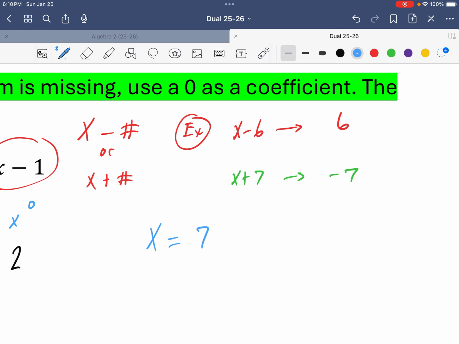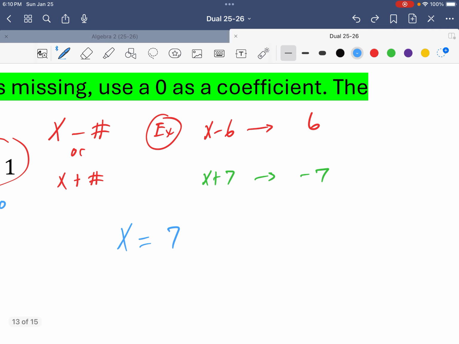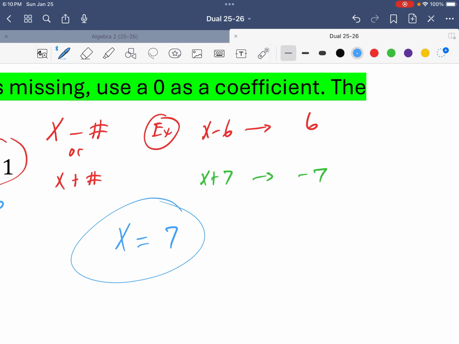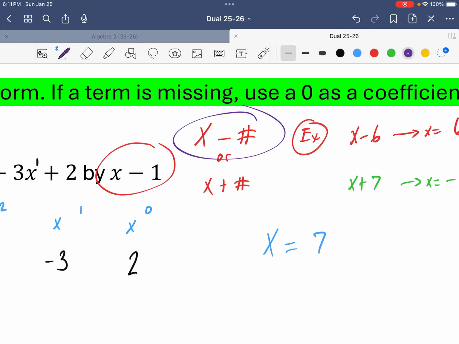If I had to divide by x equals 7, then inside this little half box, you're not going to change the sign. You're just going to use that 7. Okay? I guess I should put an x here. Okay? So when it's written like this, just x equals, leave the number exactly the way it is. Don't change it. But if it's written like this, x minus a number or x plus a number, then you need to change the sign. Okay? Again, that's just extra notes.